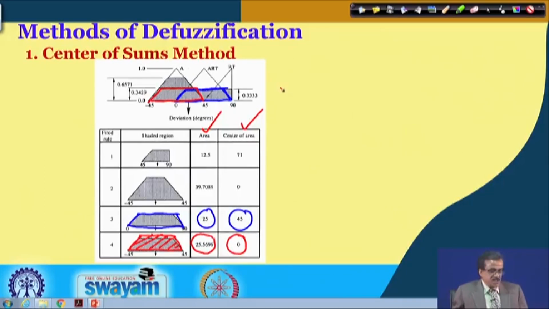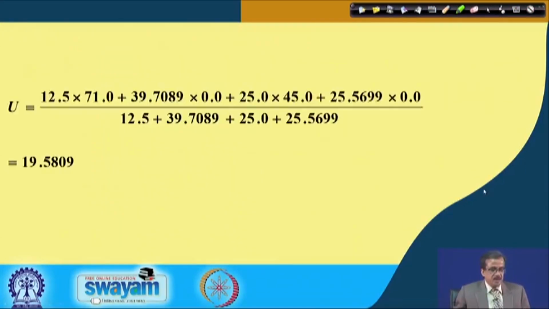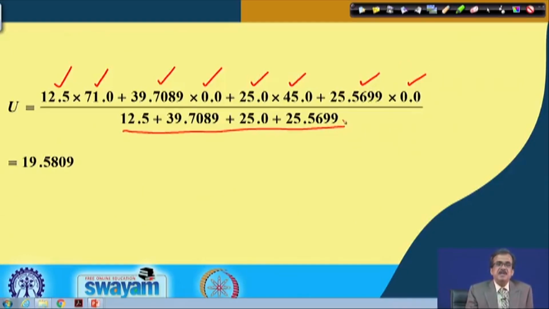Now, according to the center of sums method, the crisp output can be determined as follows: area multiplied by the center of area for one fired rule, then area multiplied by the center of area for another fired rule, and so on for each fired rule, divided by the sum of all area values.